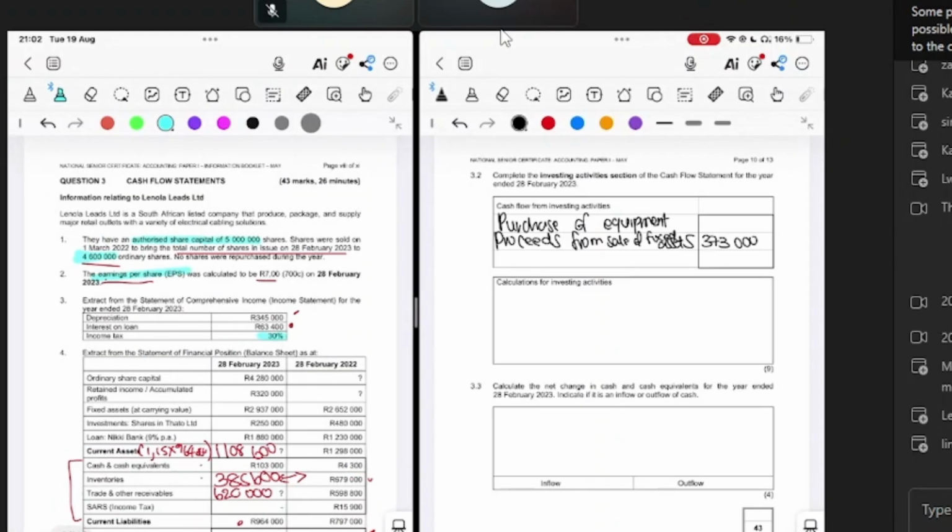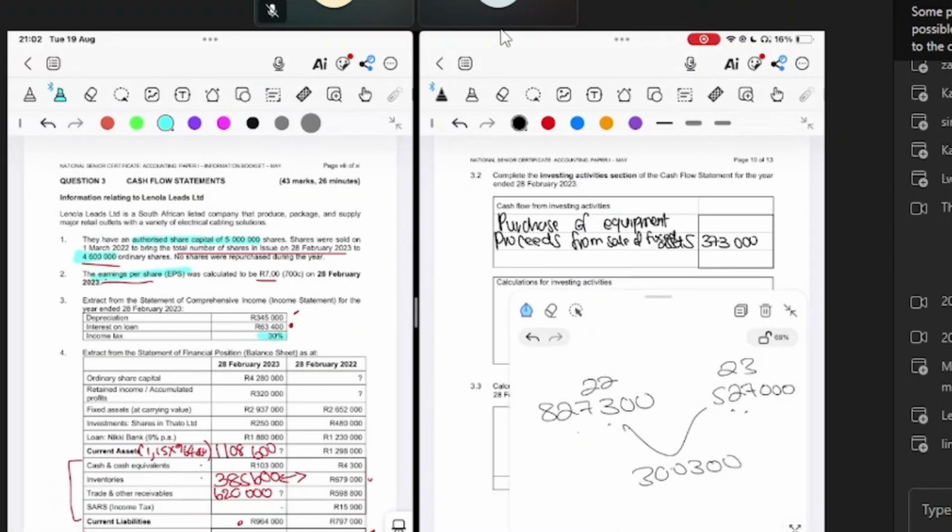Now, what information have they given us? They haven't given us information regarding equipment, but let's see what they've given us. They've given us fixed assets at carrying value at the beginning and at the end of the year. They've given us depreciation, and they've given us a disposal at carrying value. That should trigger something in you when you hear those things. Carrying value at the beginning and at the end, a depreciation, a disposal, and you're looking for an addition.